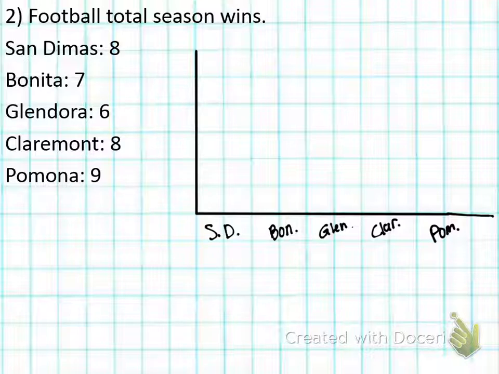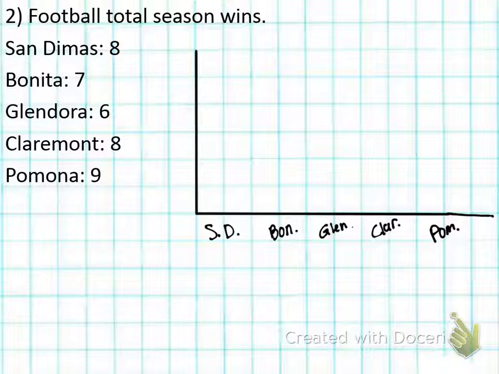Third step, identify the lowest and highest amounts of the item and create a scale on the y-axis. So what are the lowest and highest amounts? What's the lowest amount up there? 6. Highest amount? 9. Okay, so we could go by 3s. I could go up a little higher, just go by 2s, up to 10.